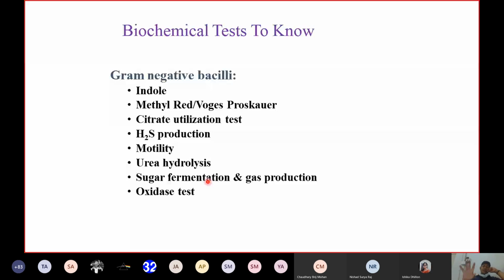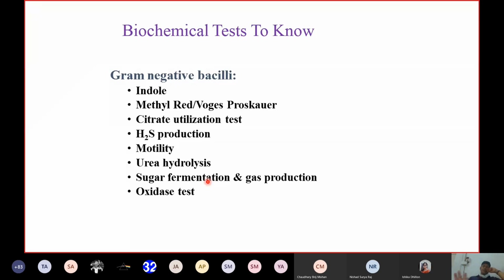In all these tests you must be able to identify what the test looks like, what the basis of the test is, and how the test is used to identify the organism. That means if you know the principle of the test, you are able to recognize the bacteria using that principle.